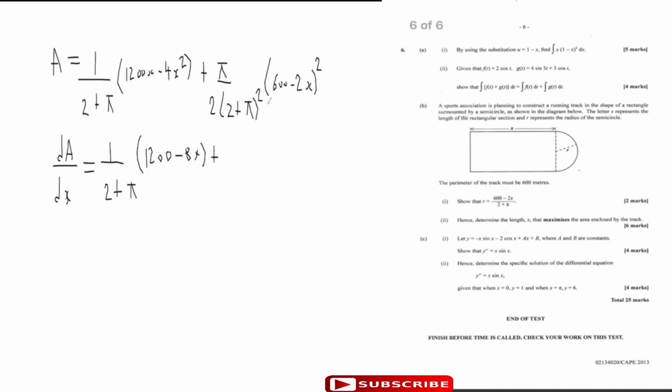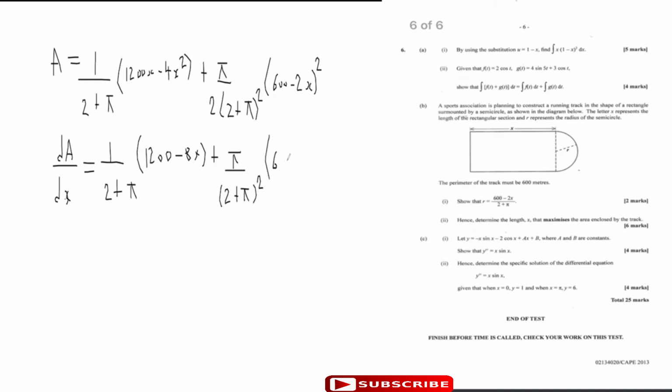oh boy, differentiating this now, I'm going to carry down the power. Now carry down the 2, and then this 2 cancels this 2, carry down the power. So I get pi over 2 plus pi all squared. Okay. Carry down the power.